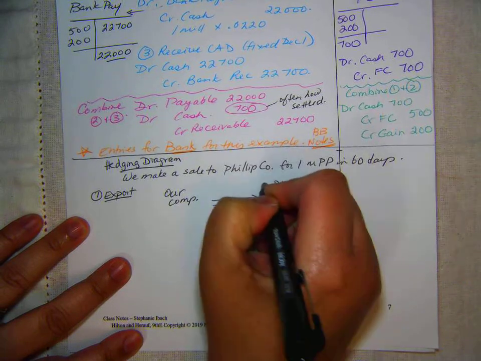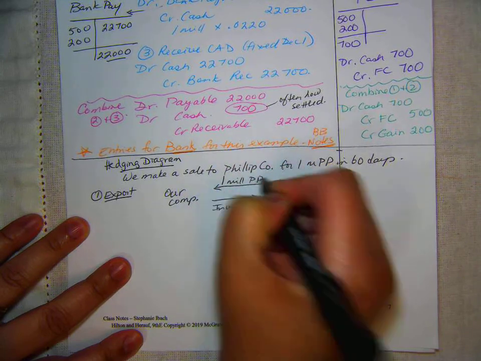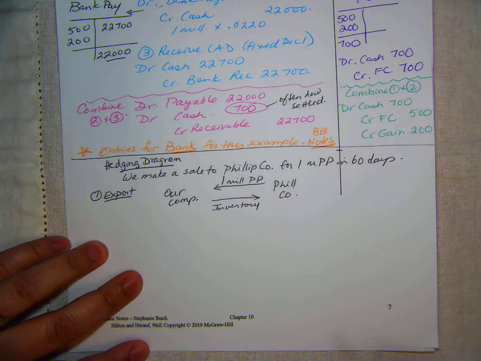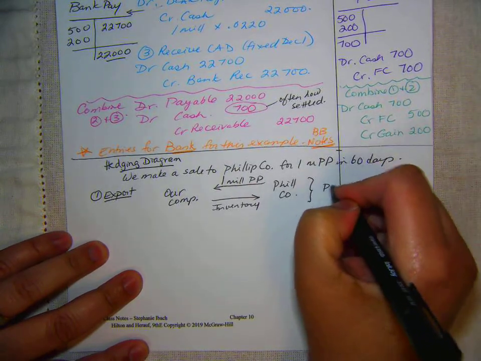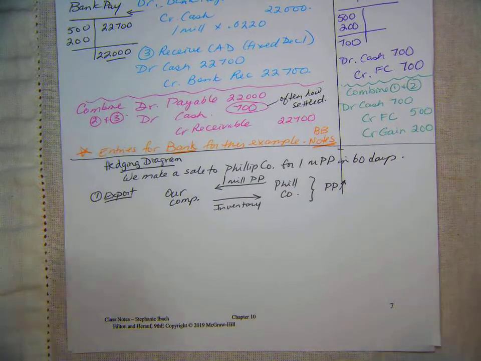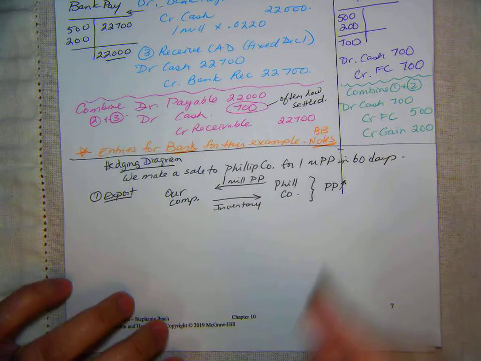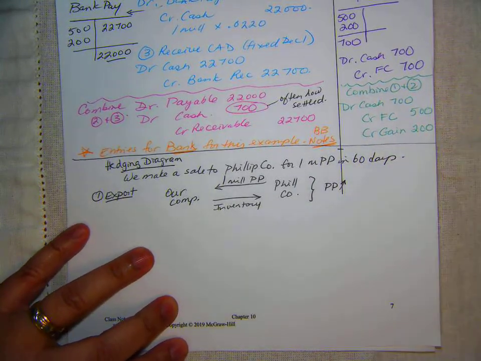So just thinking about that, if the Filipino peso goes up, the exchange rate between that and our dollar, the Canadian dollar, goes up, we are getting Filipino pesos. So if it goes up, is that good or bad for us?